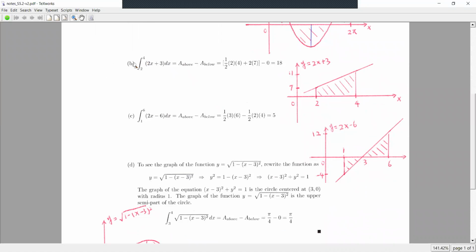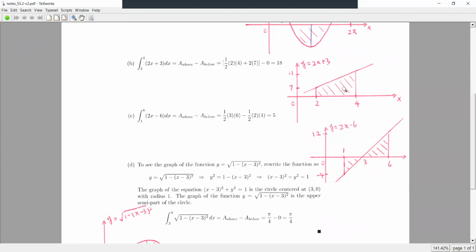Now this integral is the area of the region between the graph of the function and the x-axis and between 2 and 4. The region is this shaded region here. Now the integral is area above minus area below.